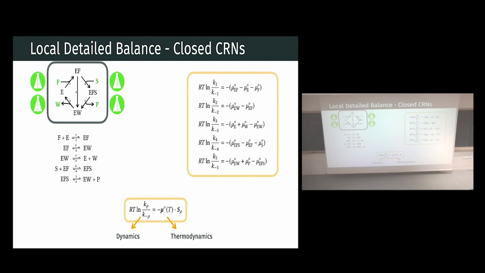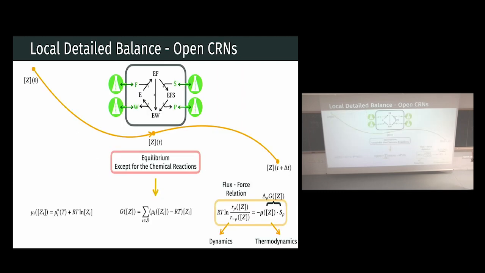Now, how do we go out of equilibrium? There's a little bit of physics here. What we said until now is that we know how to write the free energy of mixtures, right? Then we took the limit for dilute solutions, but we know how to write the free energy of mixtures. And we have a dynamical system describing how the concentrations are changing in time.